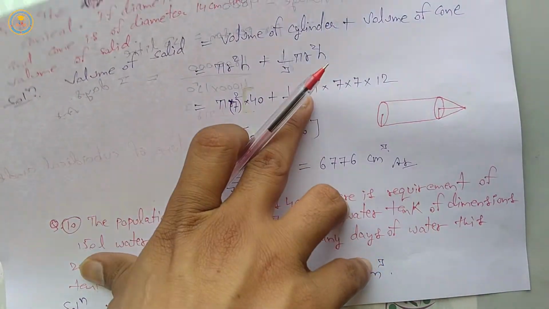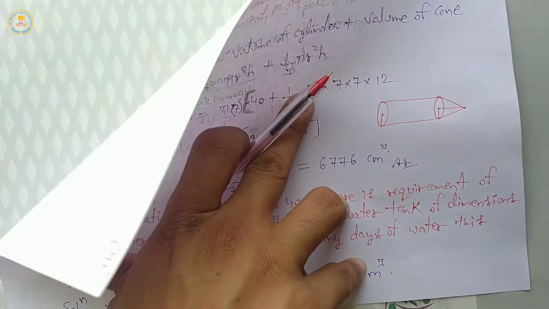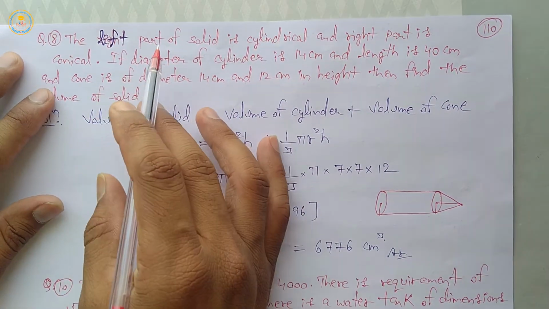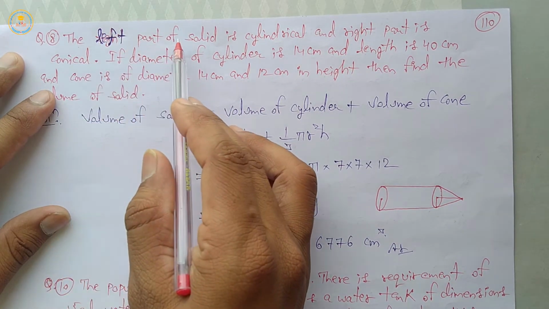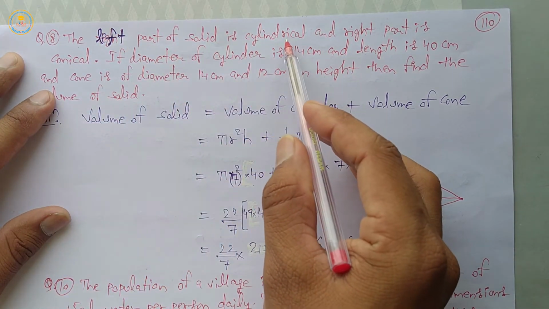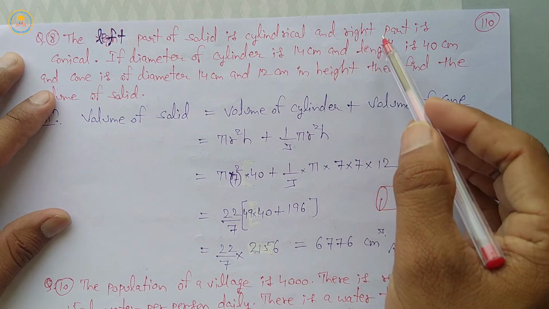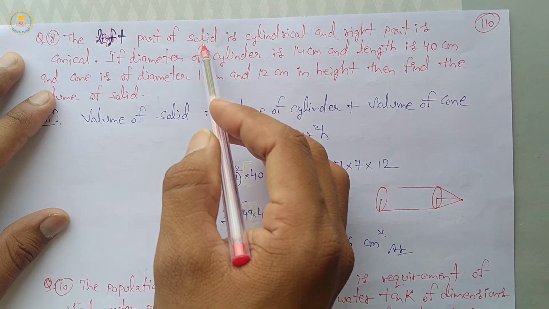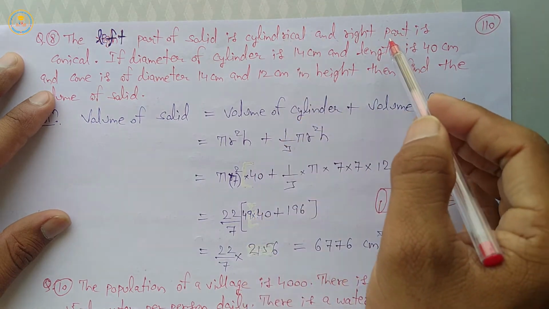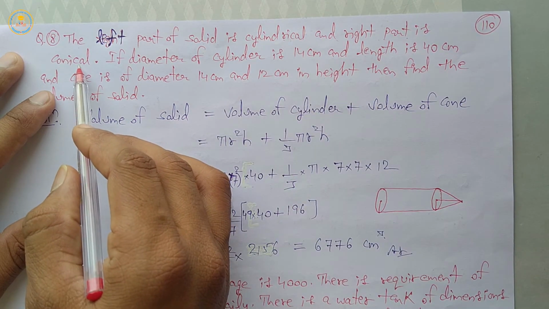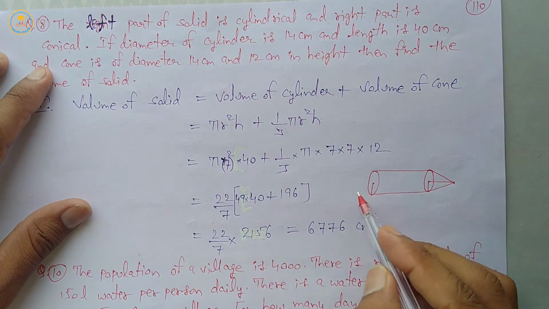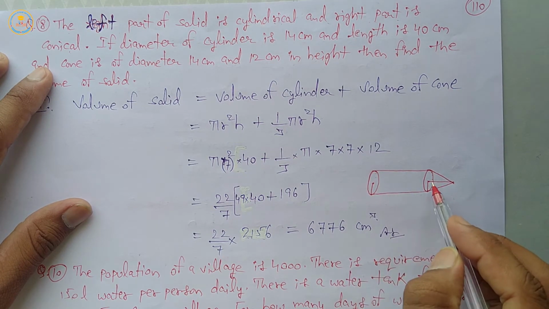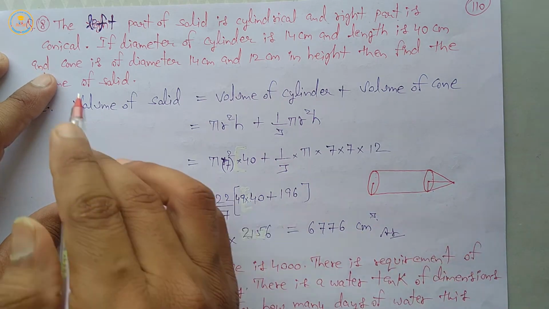Question number 8. Question number 8 is left part of solid is cylindrical and right part is conical.